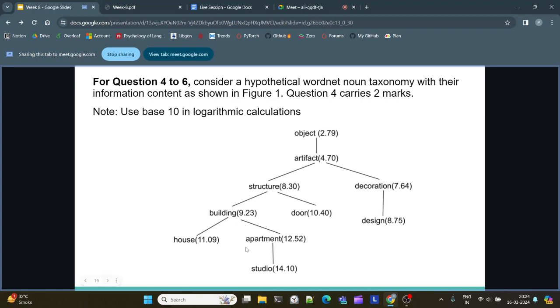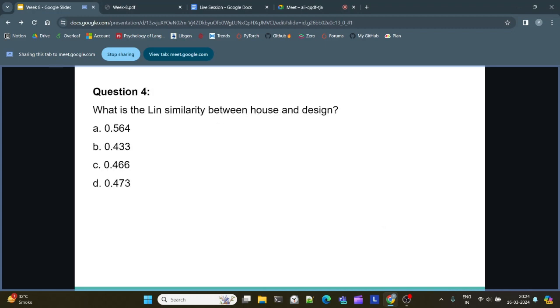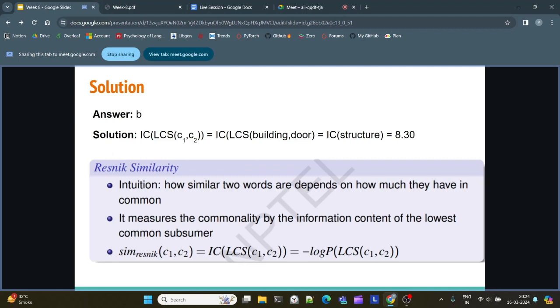For house and design, as you mentioned, it would be artifact. For house and apartment, it would be building. For house and door, it would be structure. For structure and decoration, it's artifact, like that. Any other doubt?